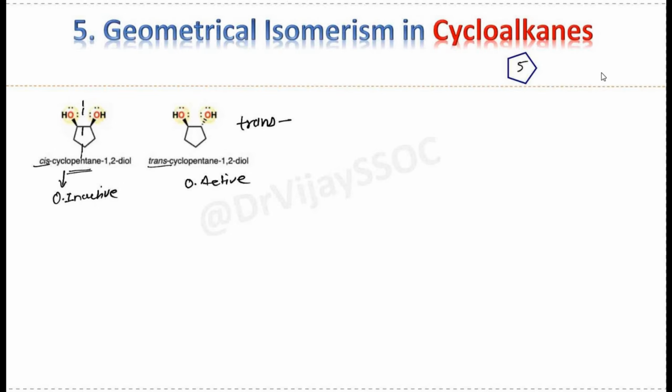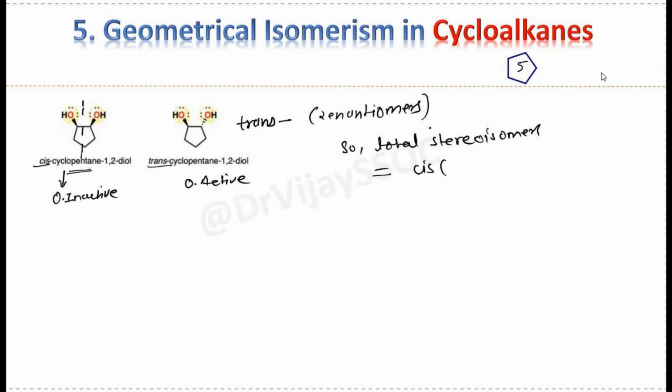So trans will have 2 enantiomers, so total stereoisomers is equal to 1 cis, which is optically inactive, plus 2 optically active trans, so therefore total is 3.